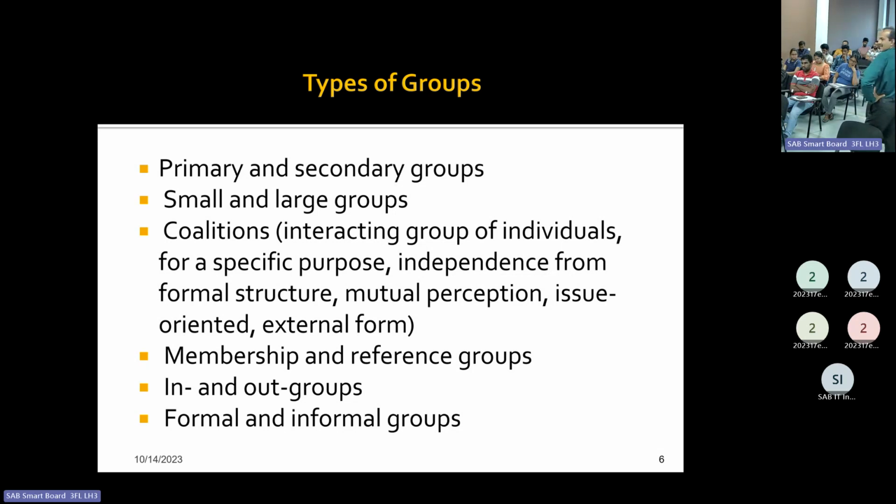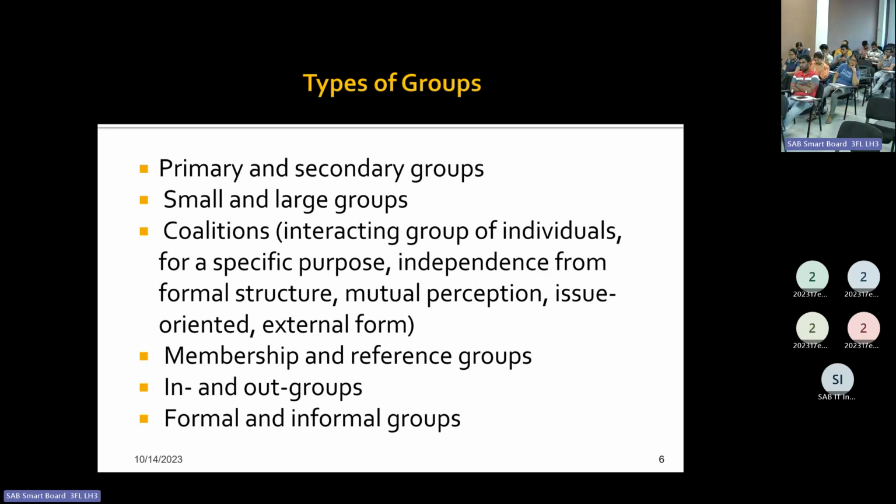Mostly we should use the last classification to identify organizational groups. It applies to many other topics, no? Communication also, we divided as formal and informal communication. Organizational structure also can be divided as formal structure and informal structure. Likewise, groups also can be mainly divided in organizations as formal groups and informal groups.